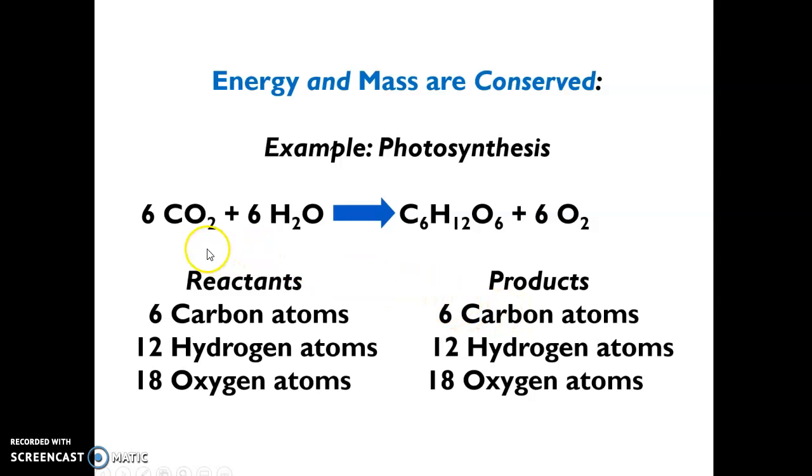If we start with 12 oxygen atoms, 6 times the 2, hydrogen atoms, 6 times the 2 is 12. And here we have only 12 hydrogen atoms. Now the oxygens are going to come from 2 different molecules. So we have 12 oxygens here and 6 oxygens here, making 18 oxygens on the reactant side. And here we have 6 times 2 or 12 plus 6 is 18 oxygens on the product side.